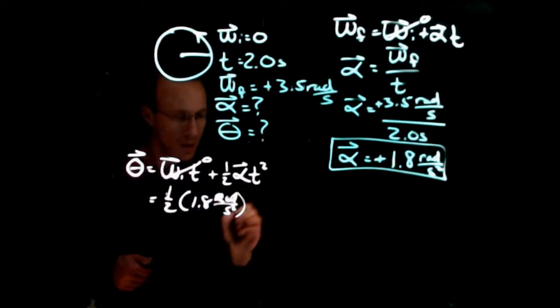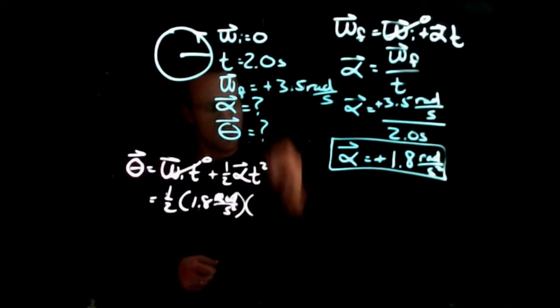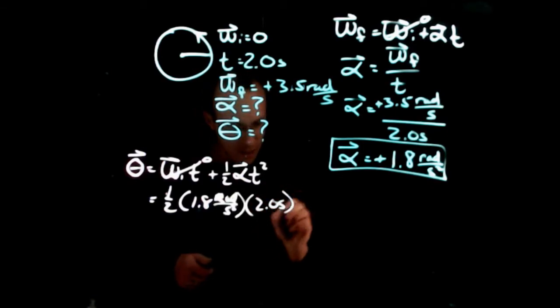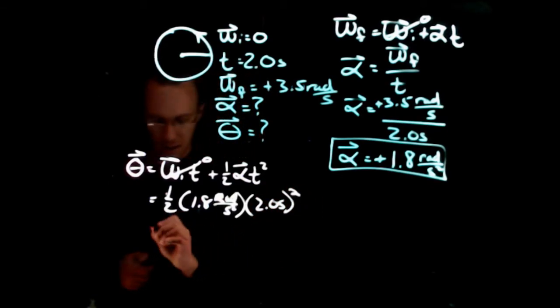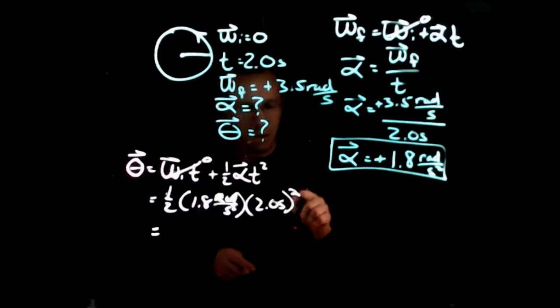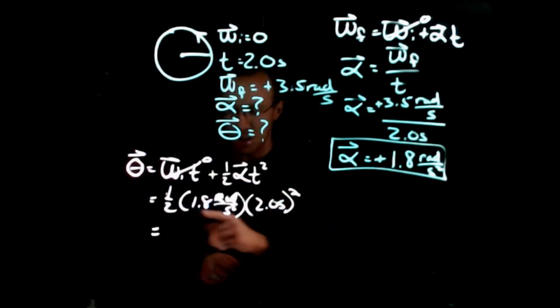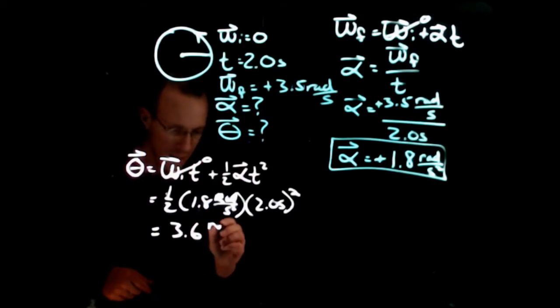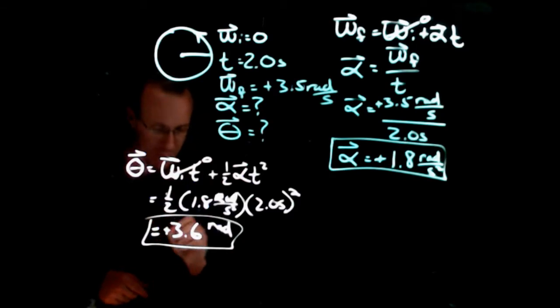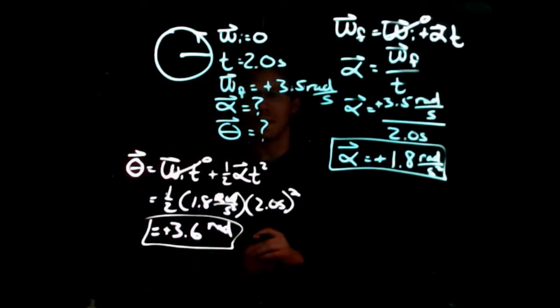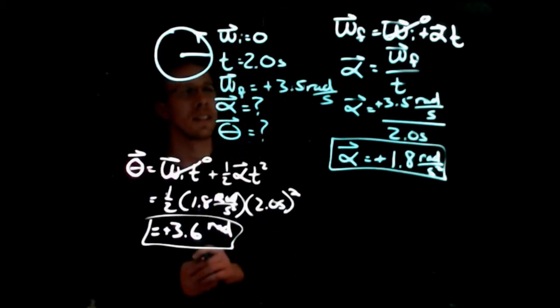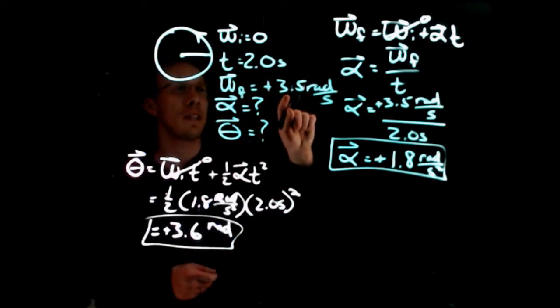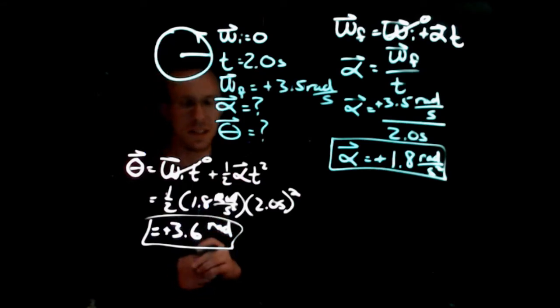It's radians per second squared times our time, which is 2.0 seconds squared. So 2 squared is 4. Half of that is 2. 2 times this is 3.6 radians. Now, if you notice, doesn't that look like this number right here? Don't think you did something wrong.